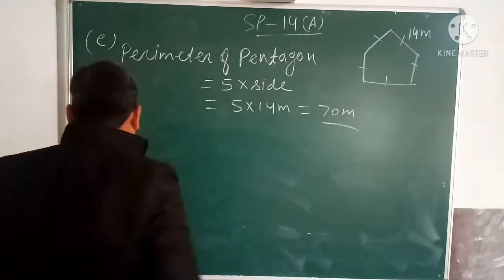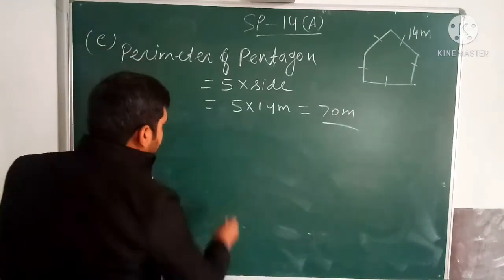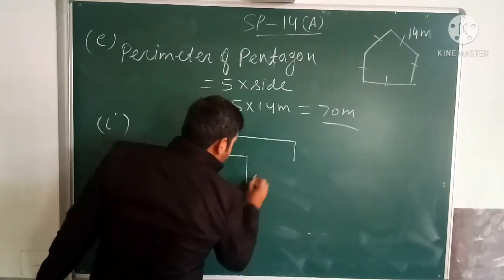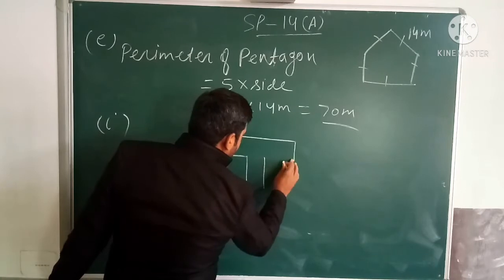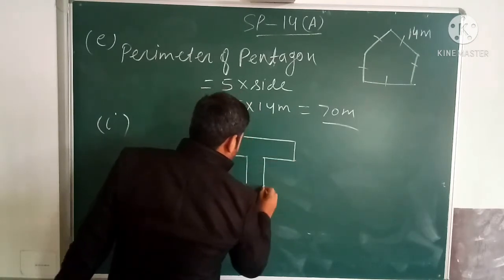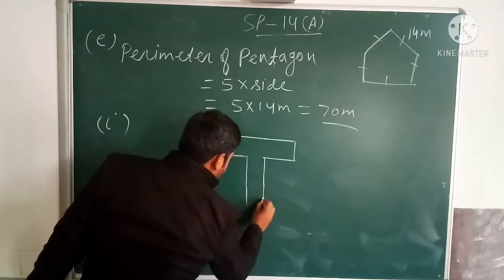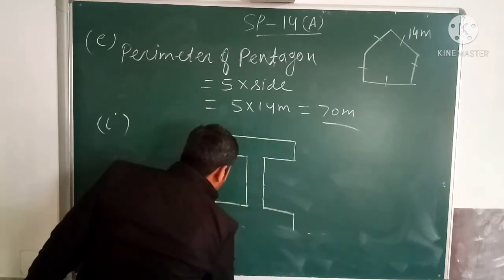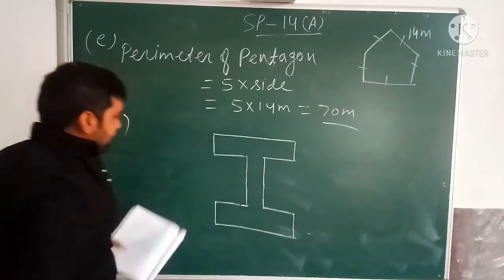So how do you calculate the perimeter for this I-shape?